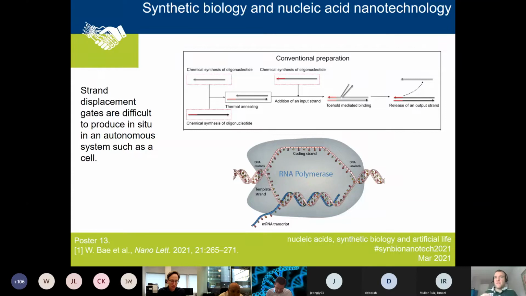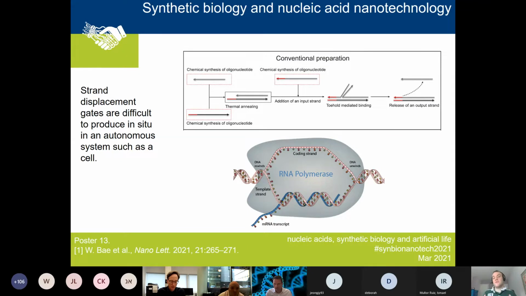But arguably even more important is that they're not produced in the same place. If you produce 2 separate strands of RNA and then hope that they come together and form the strand displacement gate before they interact with any of the other strands in the system, that's a recipe for failure.